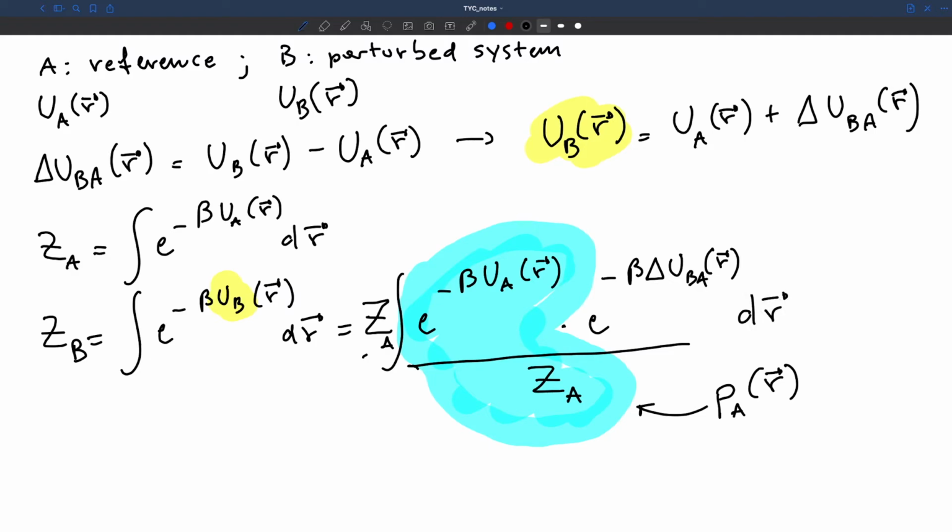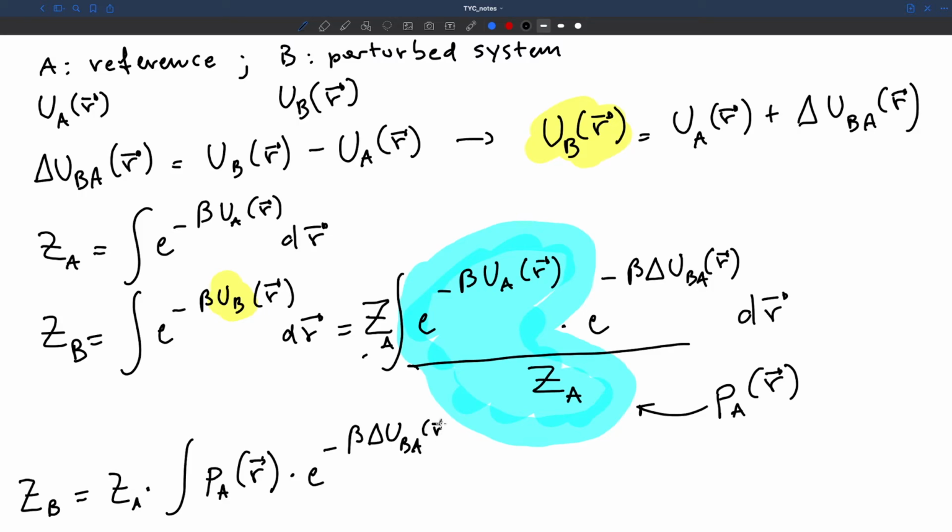Forgot the differential here. And this expression leads us to the main result of this perturbation framework, which is that the configurational integral for the perturbed system, Z_B, is equal to Z_A that multiplies the integral of P_A of r times e to the minus beta perturbation dr. We can recognize now that this integral is an ensemble average.